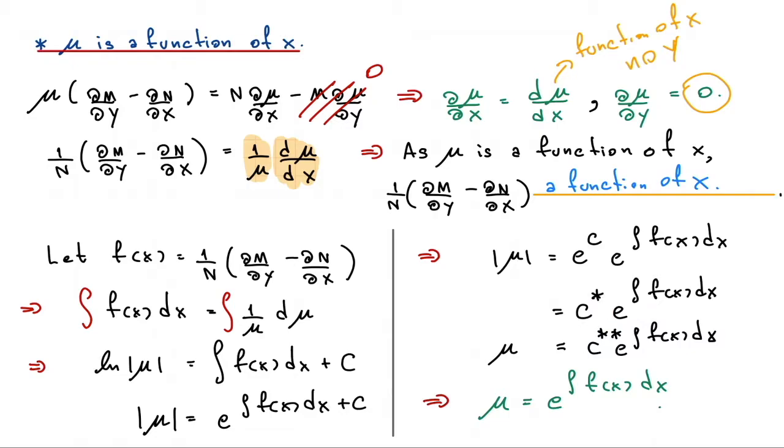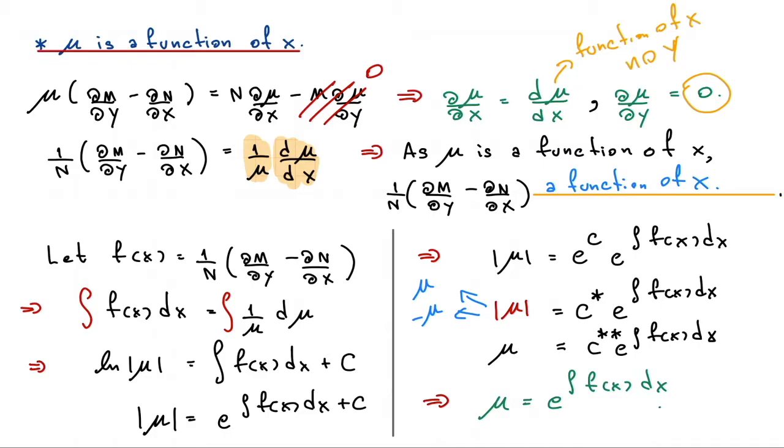And guys, because here we have absolute of mu equals c star times e to the power of integrate fx dx, and as I told you guys, this mu can be either mu or minus mu. It depends. It will be mu if mu is bigger or equal to 0, and it will be minus mu if mu is less than 0.